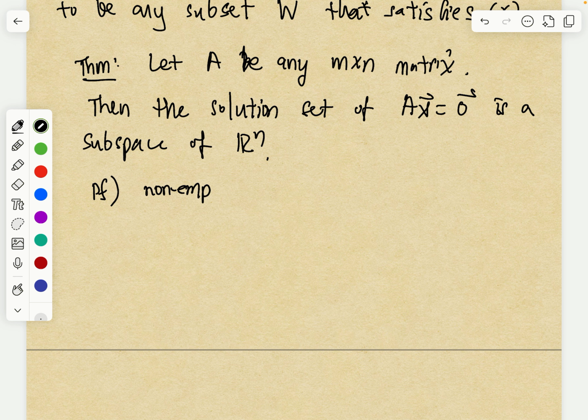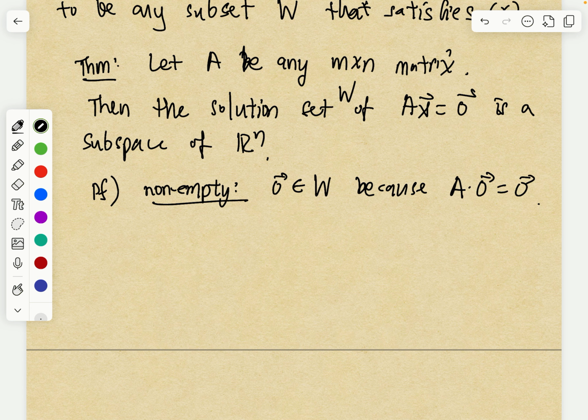So let's say we call this W. So the 0 vector is an element of W because A times the 0 vector is the 0 vector. And the next criterion is closure under linear combinations.